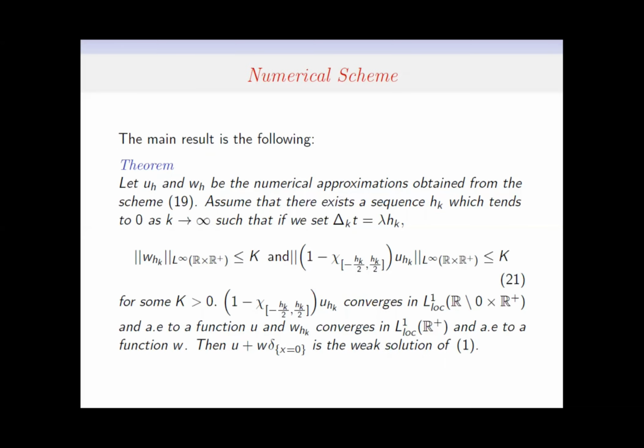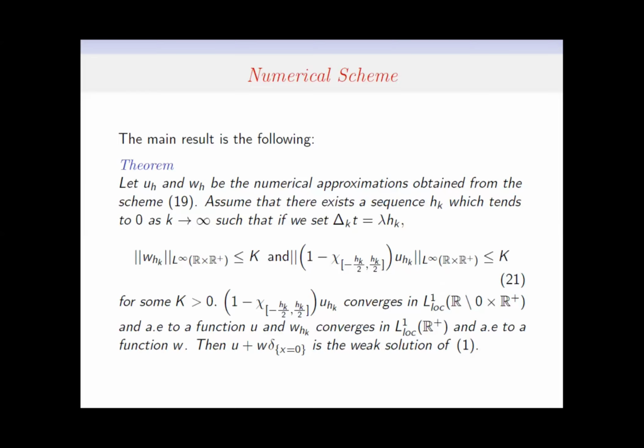So if w_h and u_h are the numerical approximations obtained from scheme 19, assume that there exists a sequence h_k which tends to 0 as k tends to infinity, such that if we set delta t_k equal to lambda times h_k, then w_hk is bounded by K, where K is independent of time, and (1 minus the characteristic function of minus h_k by 2 to h_k by 2) times u_hk is bounded by the same constant K. Then this (1 minus the characteristic function of minus h_k by 2 to h_k by 2) times u_hk converges to u in L1 loc, and w_hk converges to the weight of the delta shock.